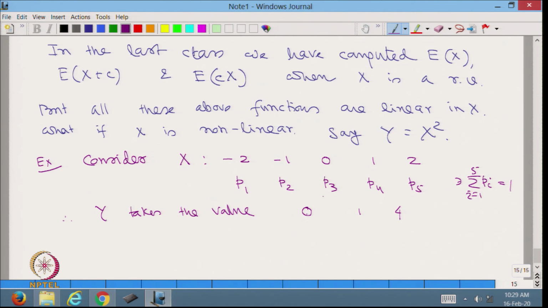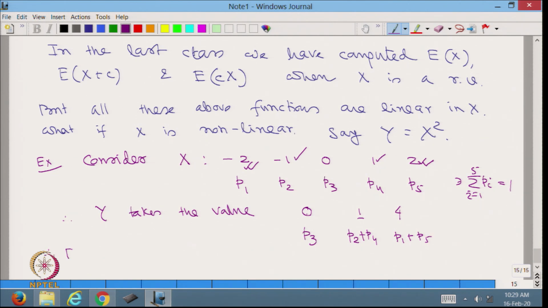Y will take the value 0 when x is equal to 0, therefore the probability is P 3. Y will take the value 1 when x is -1 or x is +1, therefore this probability is P 2 plus P 4, and y will take the value 4 if x is -2 or +2 and that probability is P 1 plus P 5.